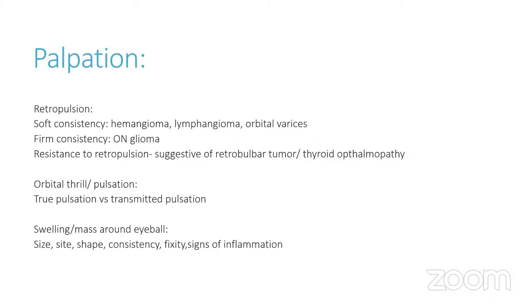We have to look for the size of the mass, the site at which it is present, the shape, the consistency, the fixity to the skin, the muscles of the eyeball, and the bones, and signs of inflammation like rubor, calor, dolor, and tumor, and loss of function can be seen.